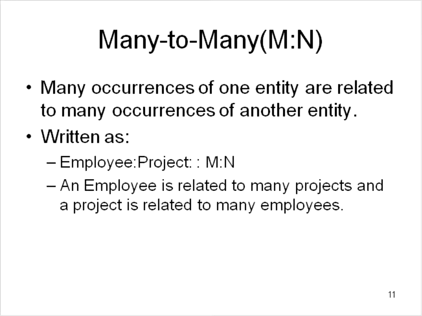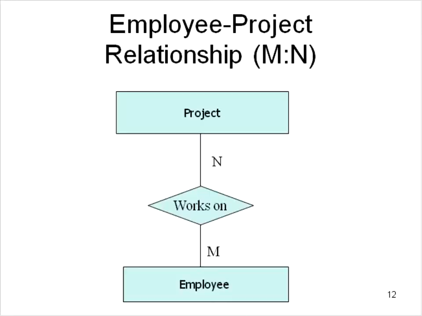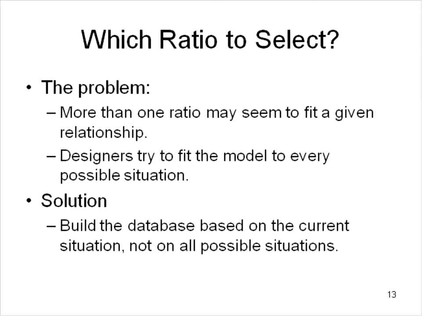So one employee can work on more than one project, and one project may have more than one employee working on it. So turning to slide 12, we show the employee-project relationship. This shows that a project has many employees working for it. An employee can be working on many projects.